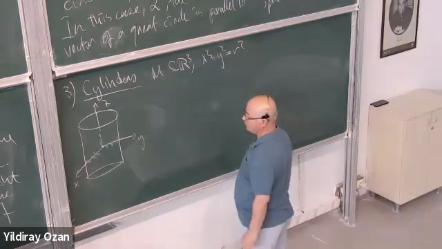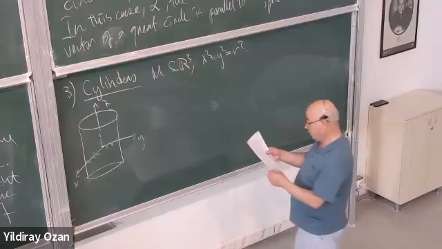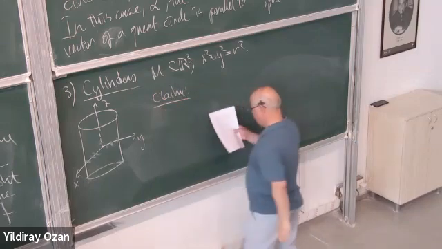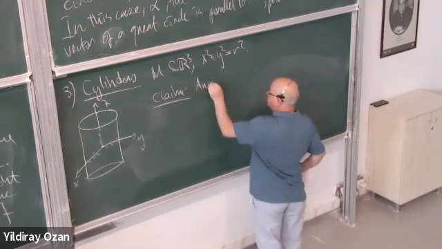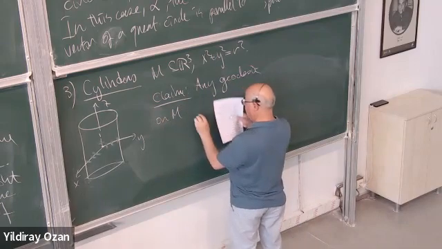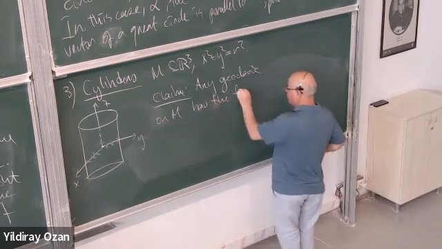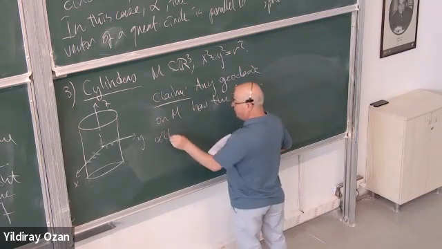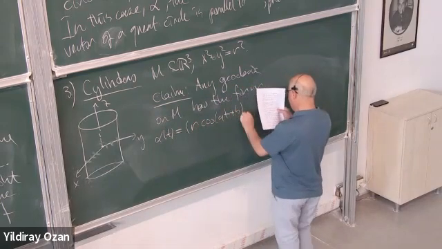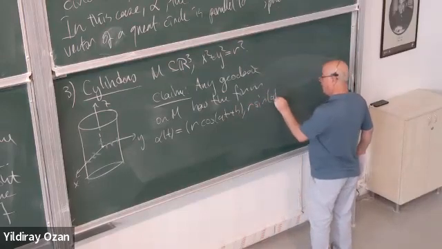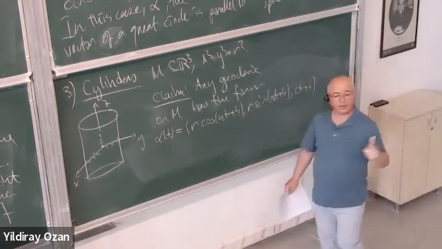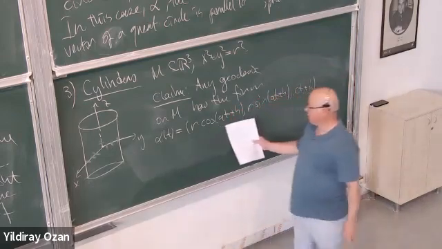Okay, now the claim is this: any geodesic on M has the form alpha(t), which is just r times cosine(at plus b), r times sine(at plus b), plus ct plus d. So it's a helix, okay? This is a helix.